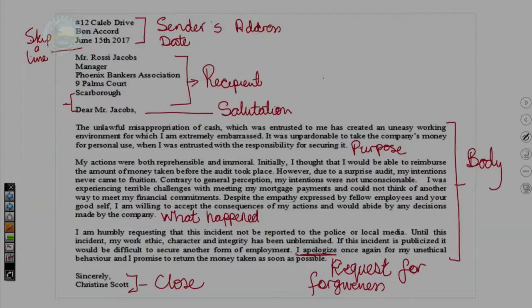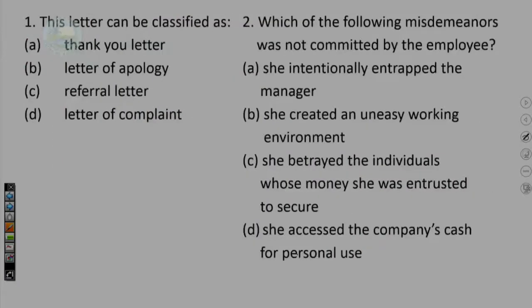The person uses the language that says, I am sorry. So if we look at the question and our options, this letter can be classified as, and it's very clear that this is an example of a letter of apology. You have to pay attention.